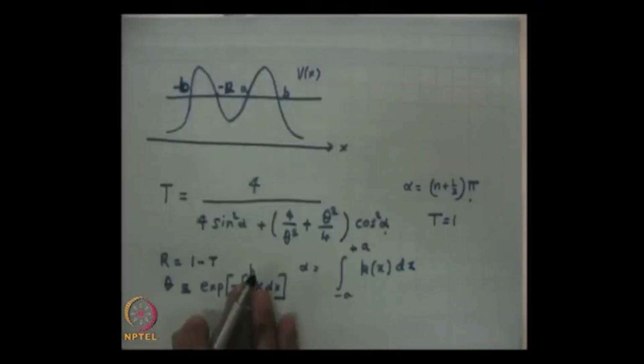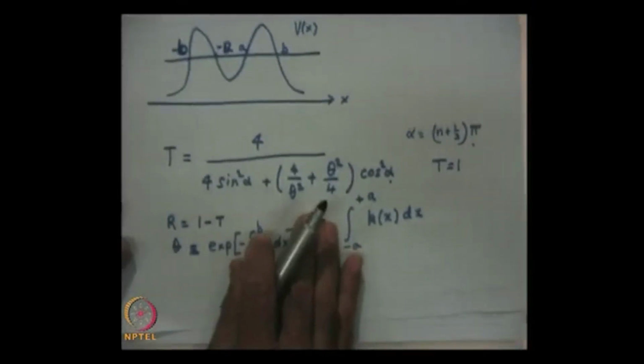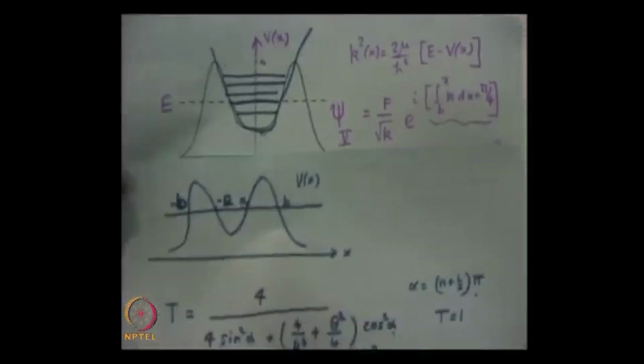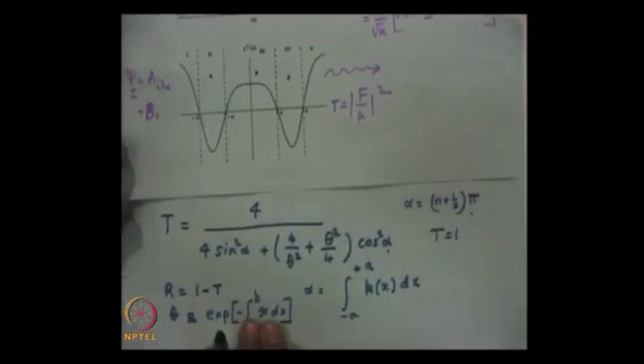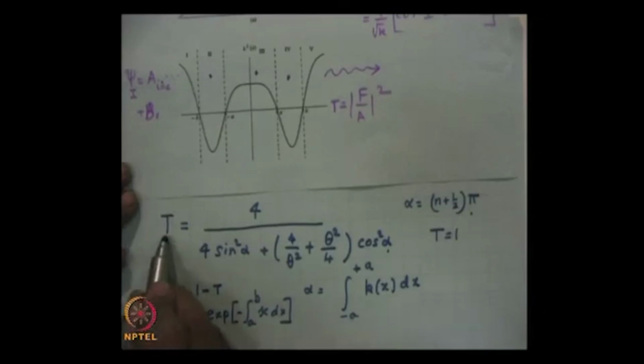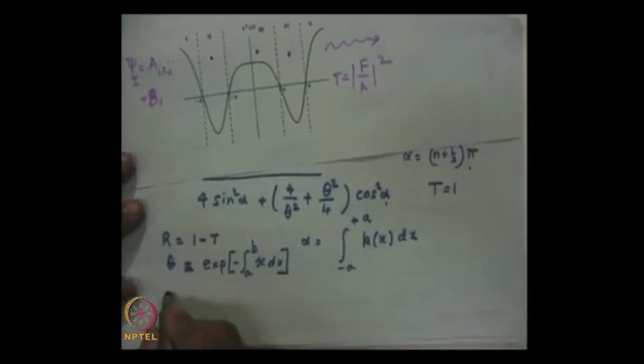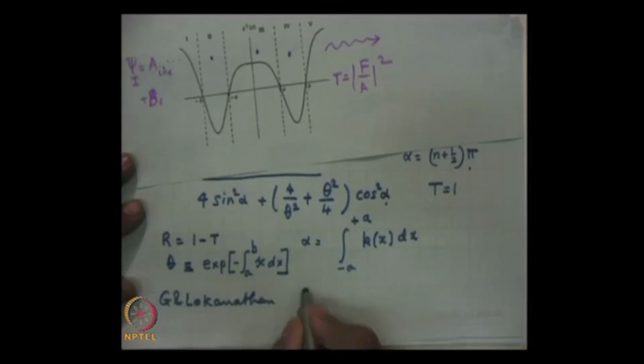So, to conclude, for a double hump potential well of the type shown here, I would advise all of you to work out step by step the tunneling probability. It is the details. If you are unable to do that, the details are given in our book by myself and Professor Lokanathan on quantum mechanics, 5th edition.